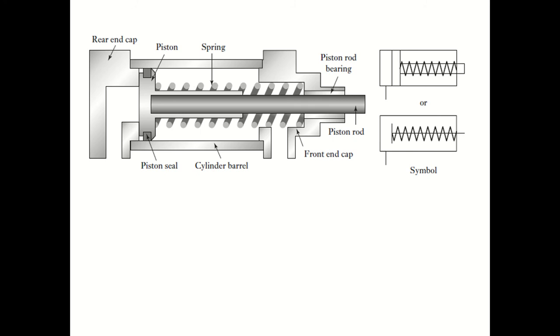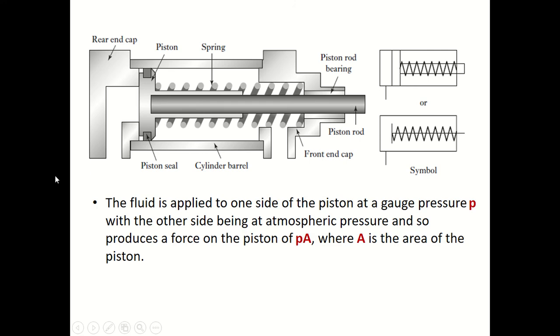So it produces a force on the piston which is equal to the gauge pressure P times A, where A is the area of the piston. So the fluid is applied to one side of the piston at a gauge pressure P, with the other side being at atmospheric pressure, producing a force on the piston of PA.